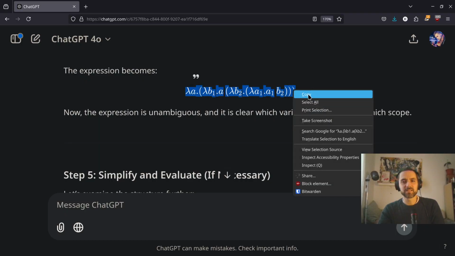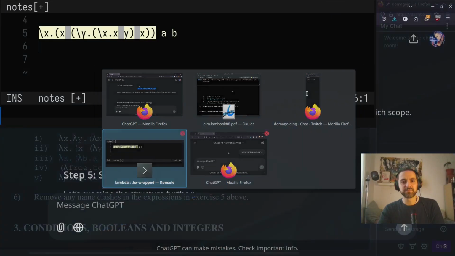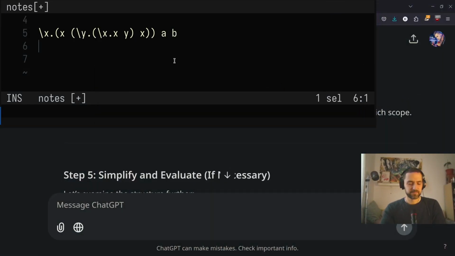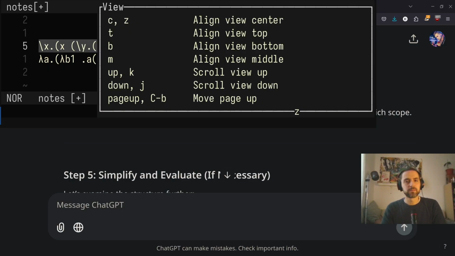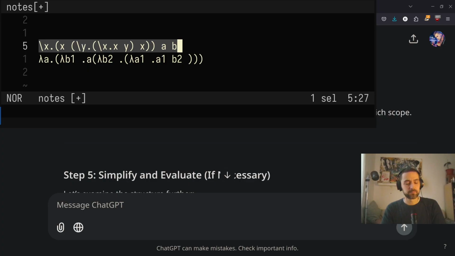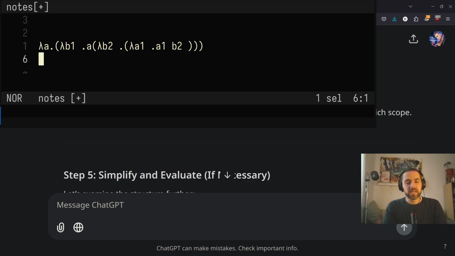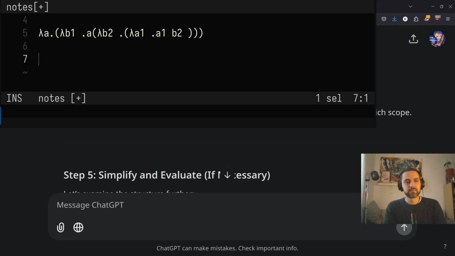Okay, let's take this expression. Look at this. Right? So we have this. This can be shown like this. Lambda A, let's do it like this. Lambda A dot. Imagine instead of a dot, you do like this. And then lambda B, B1, okay.